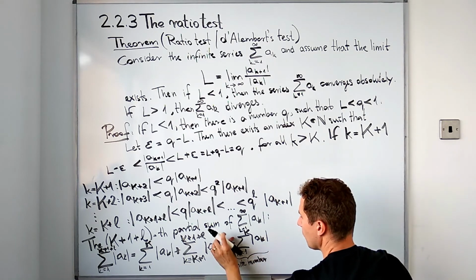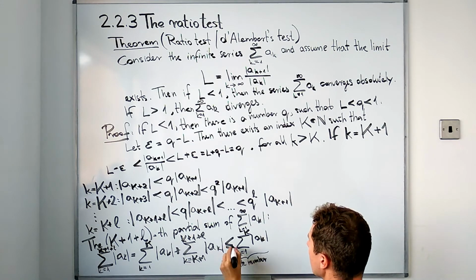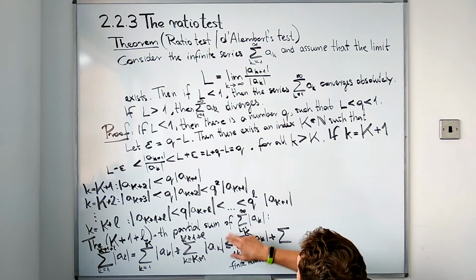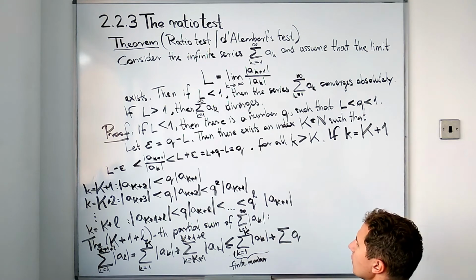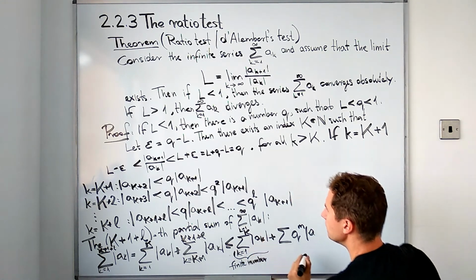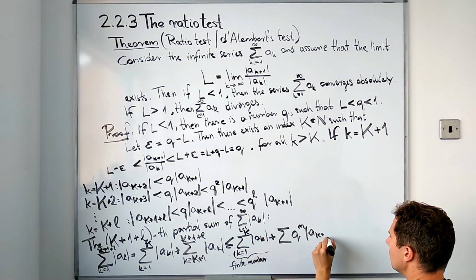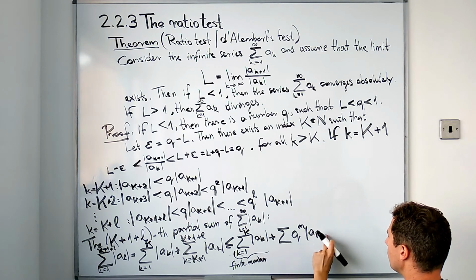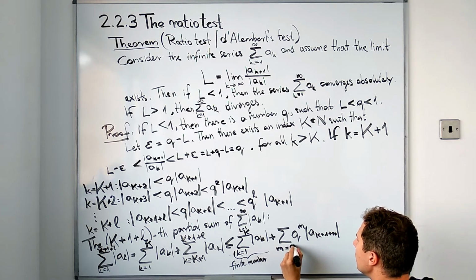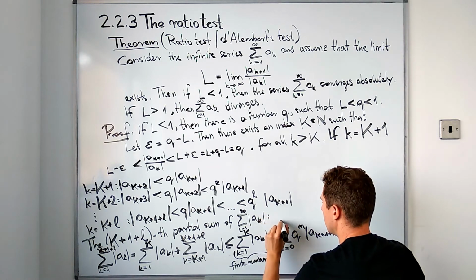And about the rest, we can write an upper bound, instead of these terms, to write that they are q to the power m times the absolute value of a_{K+1}, with m going from 0 to little l.